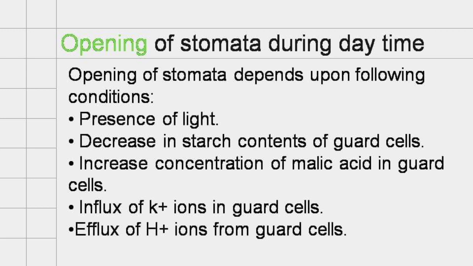The influx of K+ is the uptake of K+ ions into the guard cells, and the outward movement of H+ ions is referred to as the efflux of H+ ions, while malic acid is metabolized in the mitochondria, and it acts as the common reserve anion in the plant vacuole and is a counter ion for K and Ca cations, especially in nitrate-dependent plants.